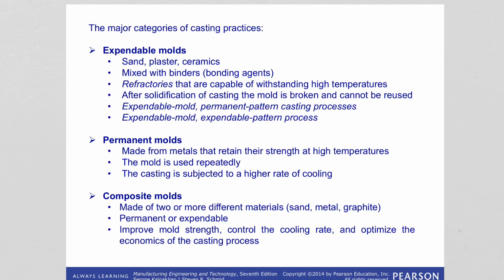In this case, the mold is produced from a pattern, and in some cases the mold can be expandable, but we can reuse the pattern to create more molds. That is expandable mold, permanent pattern casting processes.